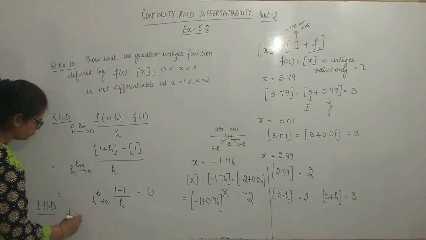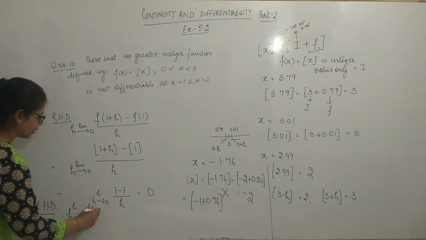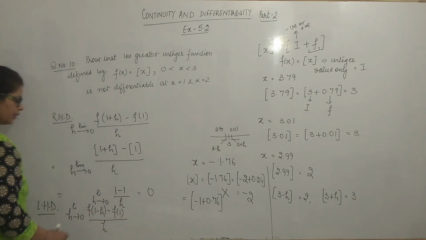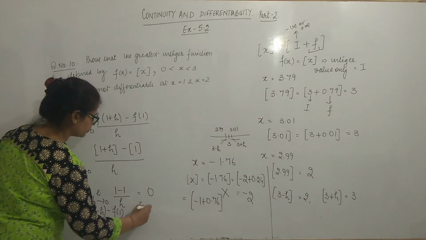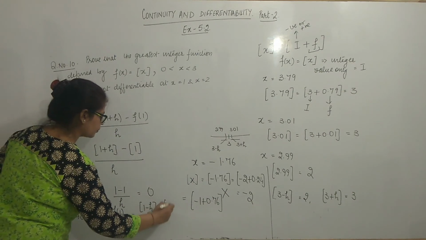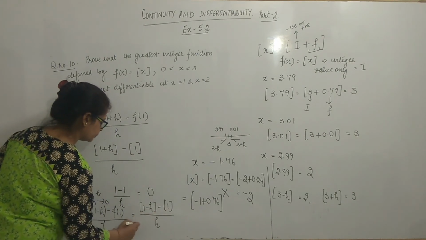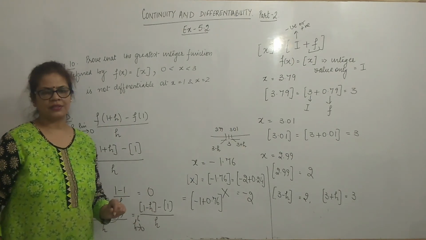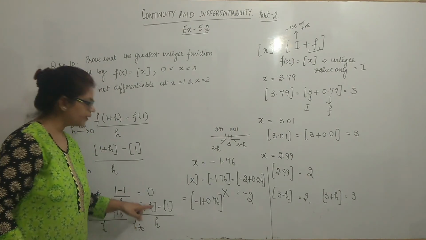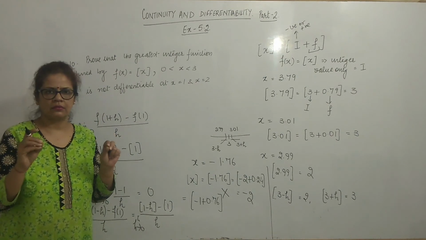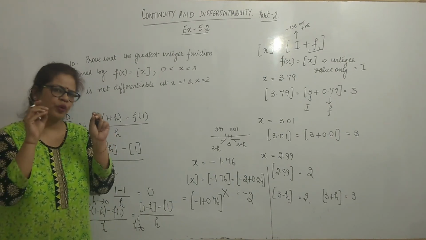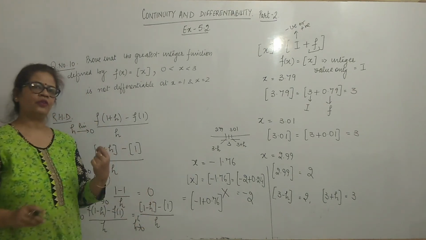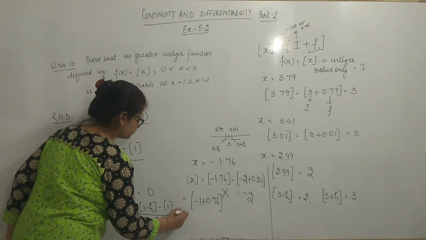h approaches 0. f(1 minus h) minus f(1) divided by h. Right? We need the integer value of 1 minus h. Inside there is a number which is slightly less than 1. Suppose 0.9, suppose 0.8, suppose 0.89, whatever it may be. Then you know that the integer value of 1 minus h is 0.